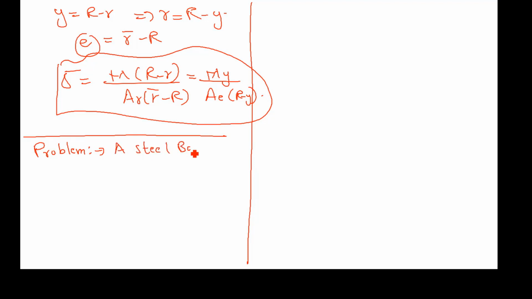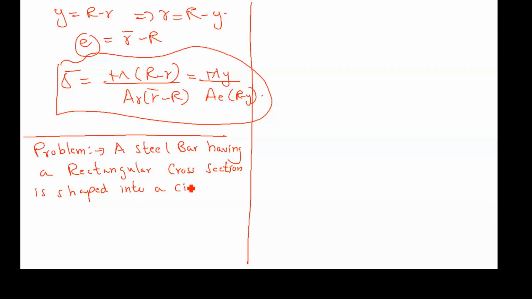A steel bar having a rectangular cross section is shaped into a circular arc as shown.